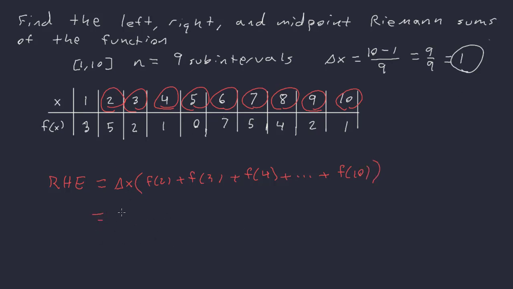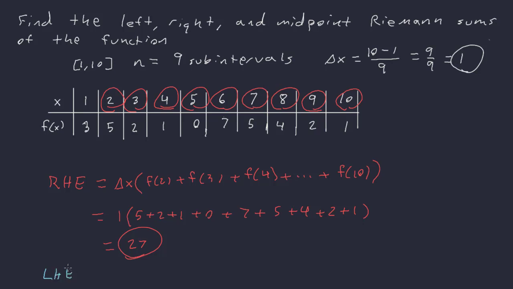In this case, our delta x is 1, and then we just get the values from the table: 5 plus 2 plus 1 plus 0 plus 7 plus 5 plus 4 plus 2 plus 1. When I did this, I got about 27. Hopefully I'm not incorrect there.